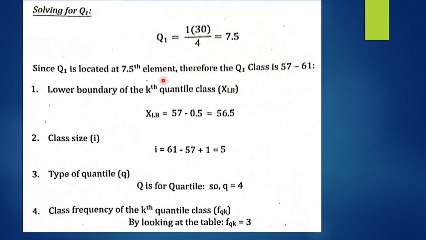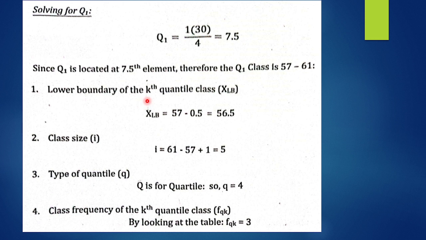Okay, 57 to 61. Now, the lower boundary of the kth quantile class. Since we have the Q1 class, the k indicates what we are talking about. We're talking about the first quartile, or quartile 1. The k will change later on for Q3. Right now we are still talking about Q1, so k is 1.